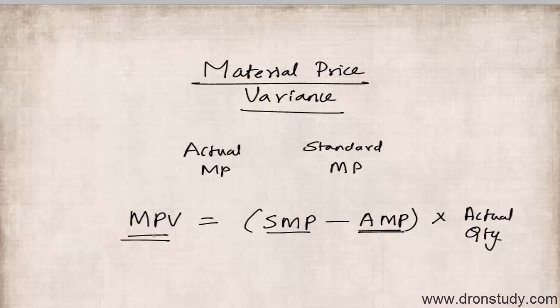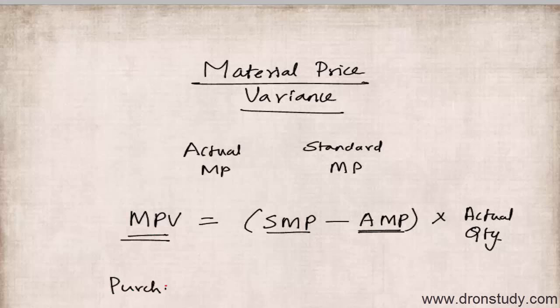Now a question is, why does the material price variance take place, or who is responsible for this material price variance? Generally, it is the responsibility of the purchase department to purchase materials from the market, right?